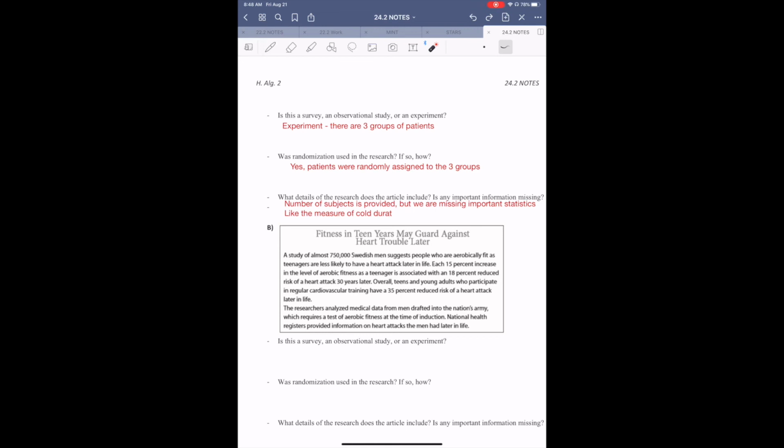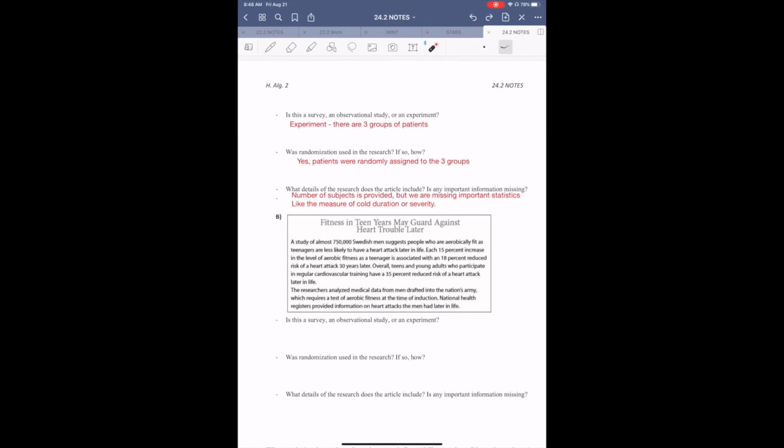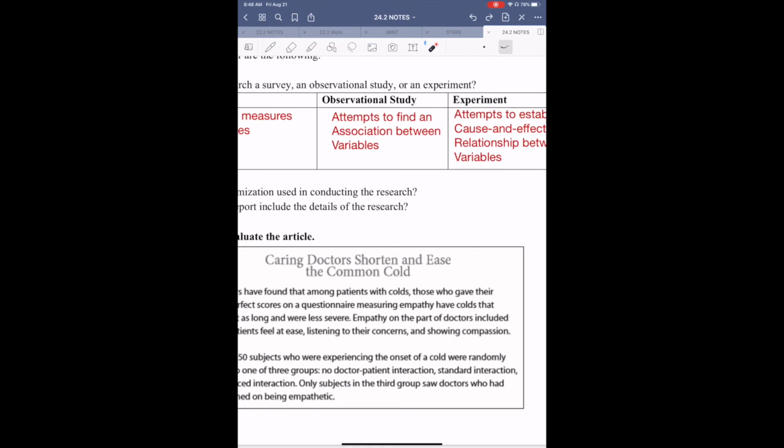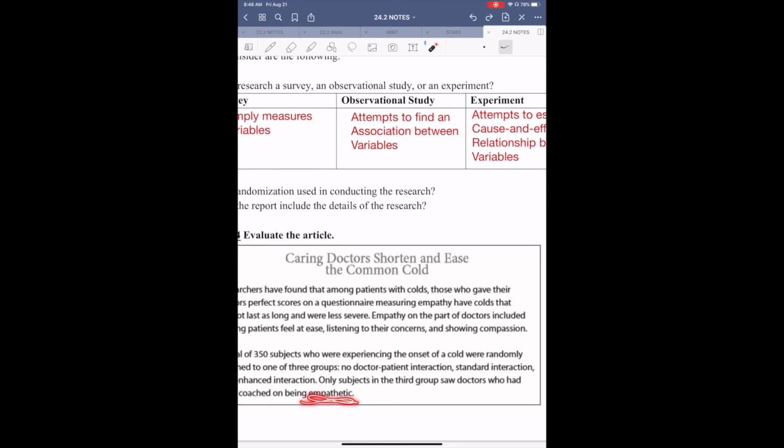We would want to know, let's say, for 50% of people who had no interaction, what their statistical values were in terms of how long their cold lasted compared to those that had doctors who were empathetic, right?